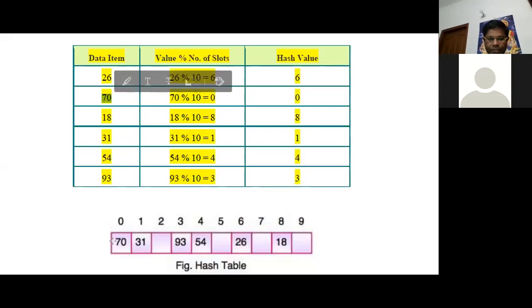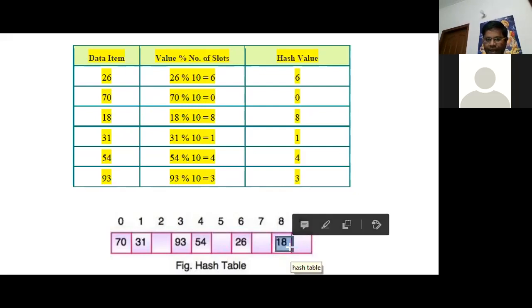So 70 is to be inserted at the 0th place. Now the third hash value that we are getting is 8. It means at the 8th index, that is at this place, we are inserting the value of data item as 18. So at the 8th index we are inserting the data value 18.